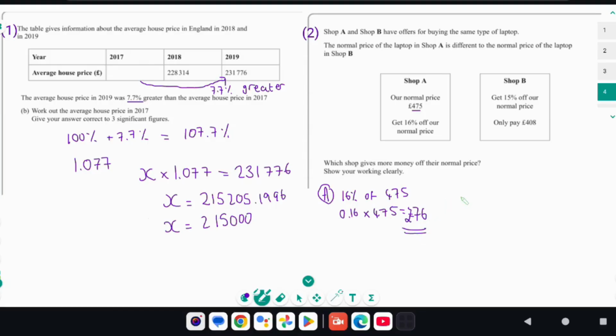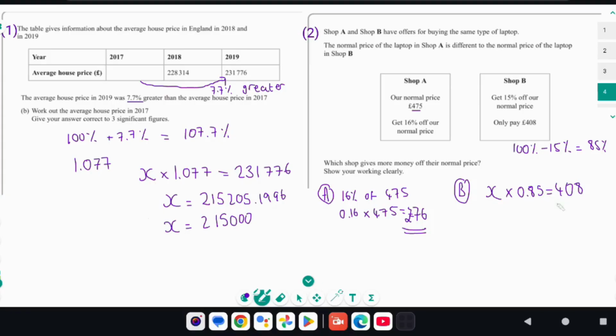Shop B, what's the money off? Well, we get 15% off our normal price, only pay £408. We need to work out the original price first. It's a decrease of 15%, so let's take it off 100%. So the original amount times 0.85 is 408.